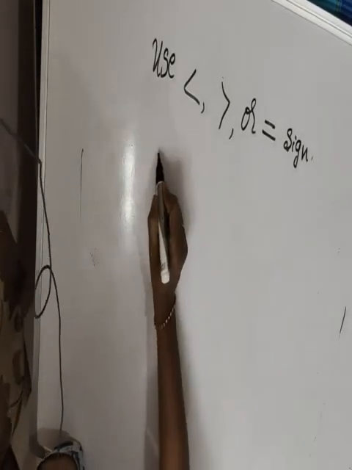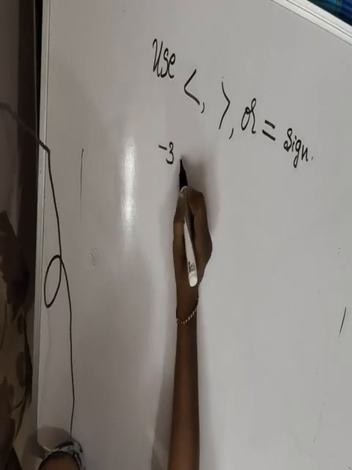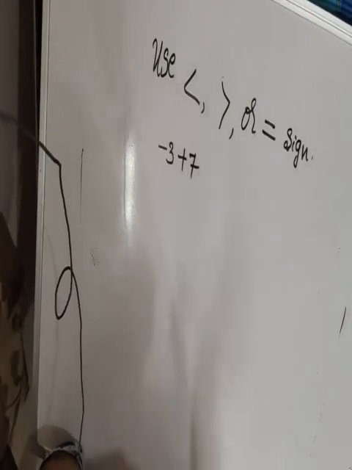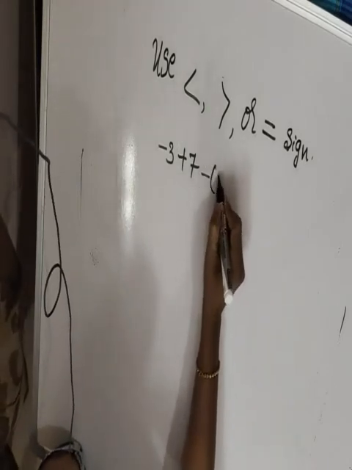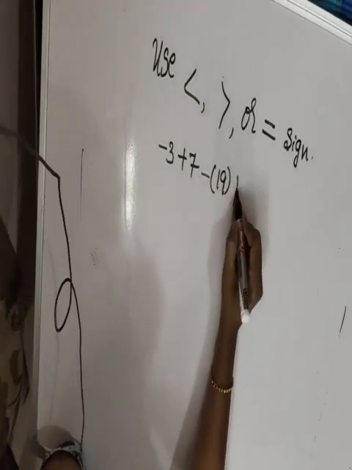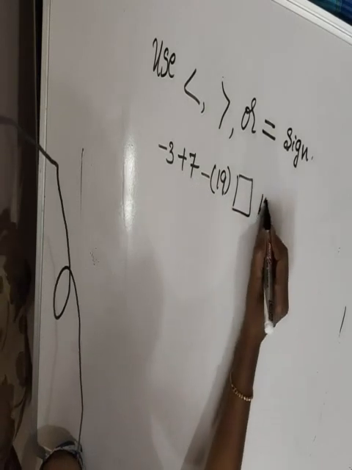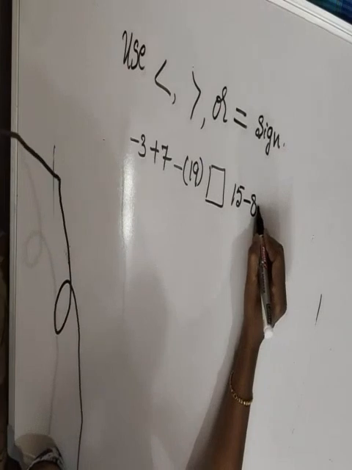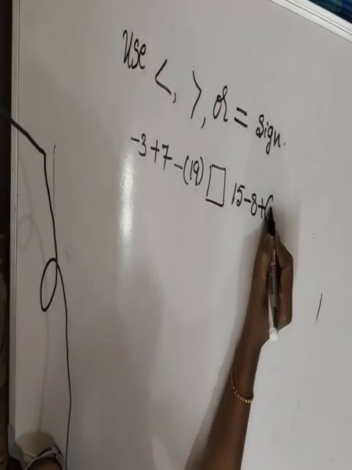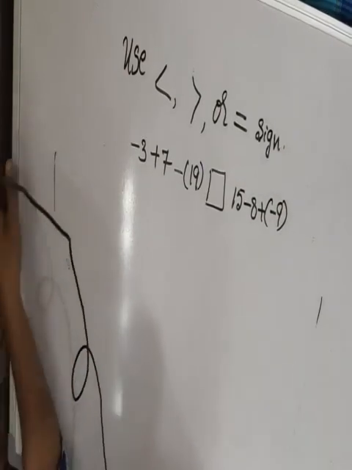Okay. Here minus 3 plus 7, minus of 19, your box 15 minus 8 plus into minus 9. Okay.